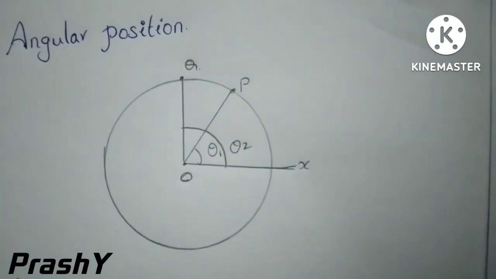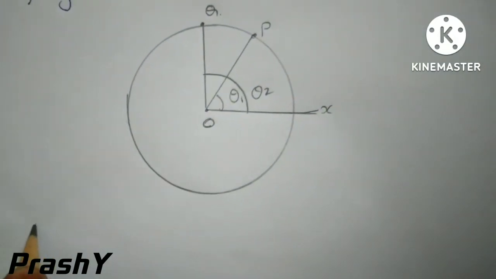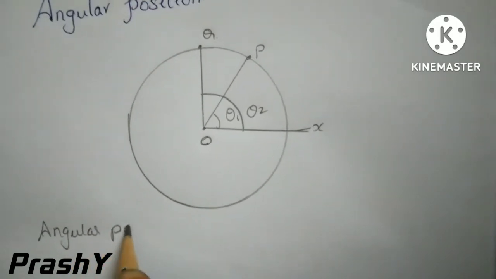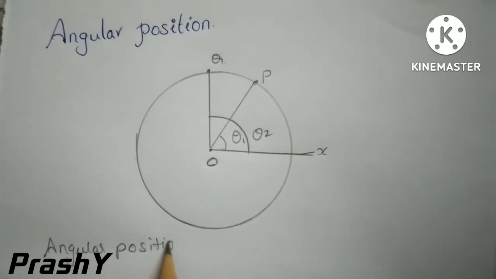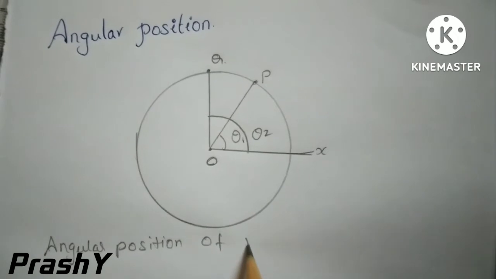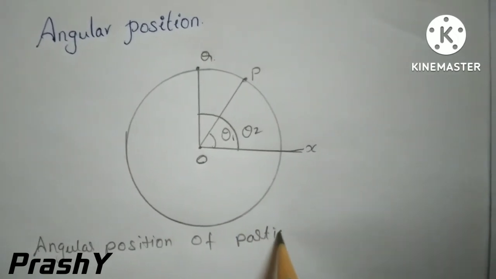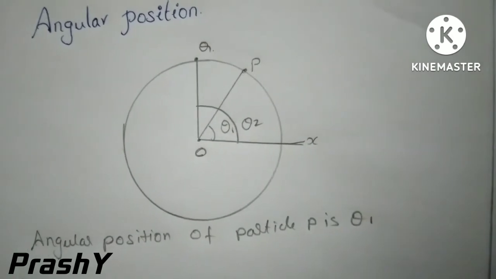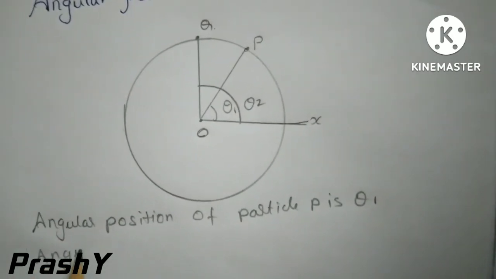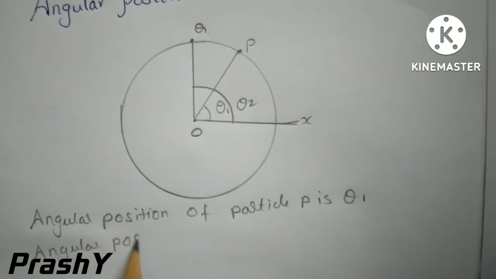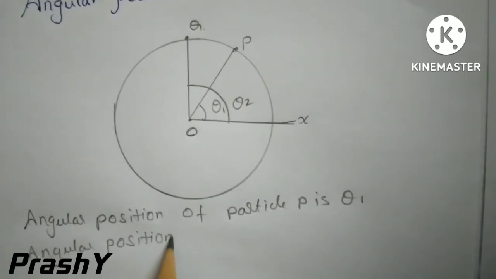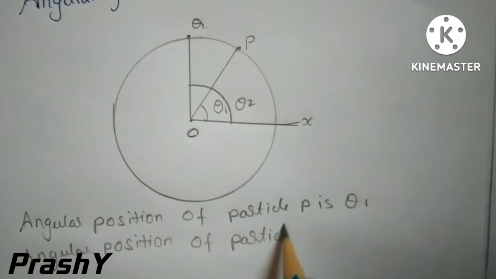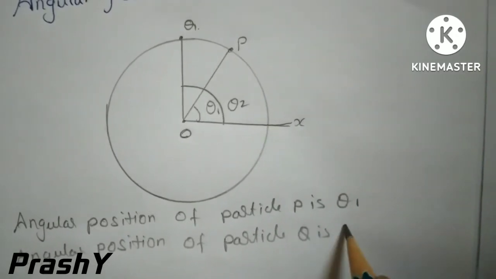So the angular position of particle P is theta 1. Similarly, the angular position of particle Q is theta 2.